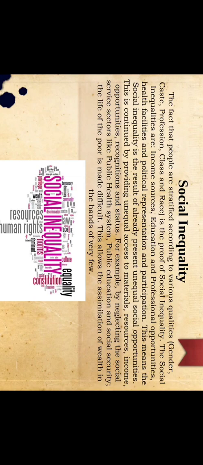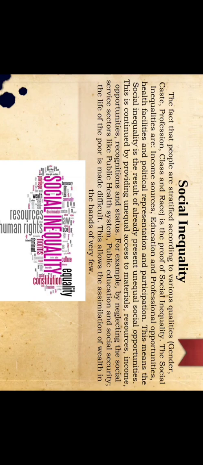this social inequality happens in the society, or it is the effect of present unequal social opportunity. All the people are not getting the opportunity to access materials or resources, income, job opportunities, recognition and status.